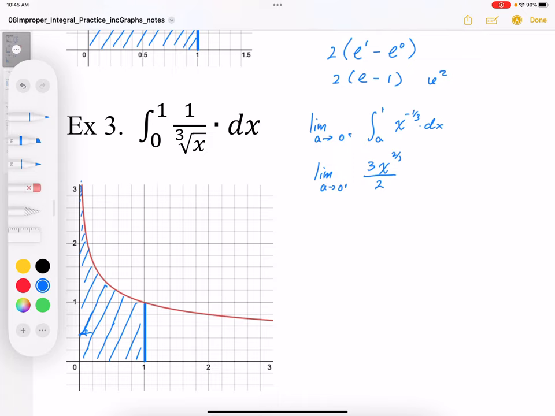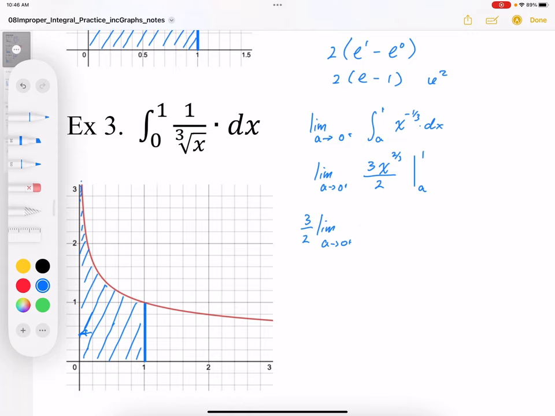And then this integral is going to be evaluated from the lower bound of a, which is going to tend to 0, all the way to 1. I can now substitute in the limit as a approaches 0. Actually, I'm going to take that coefficient on the outside here, so I don't need to worry about that.